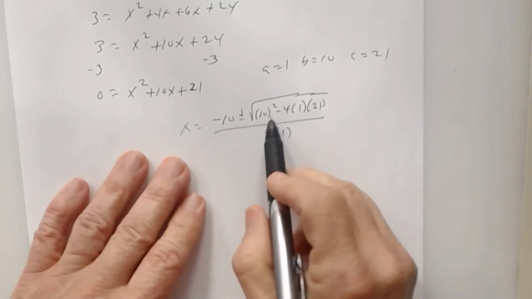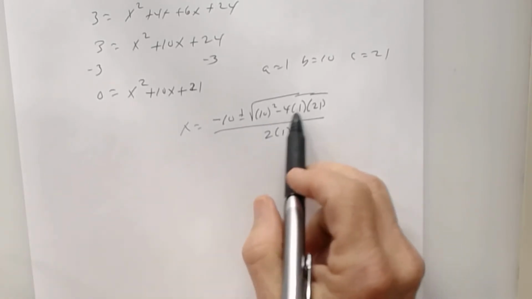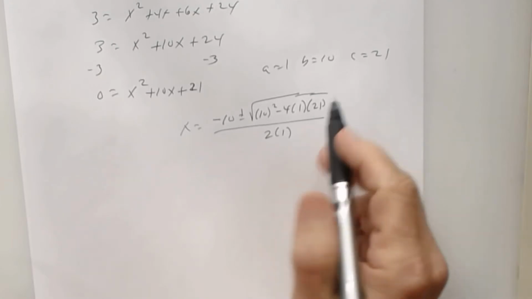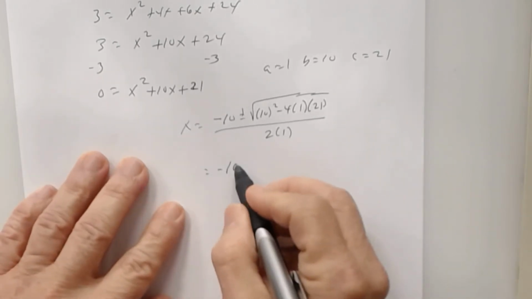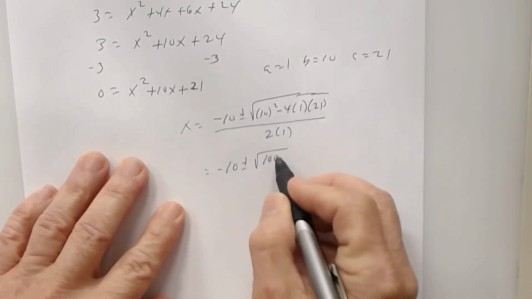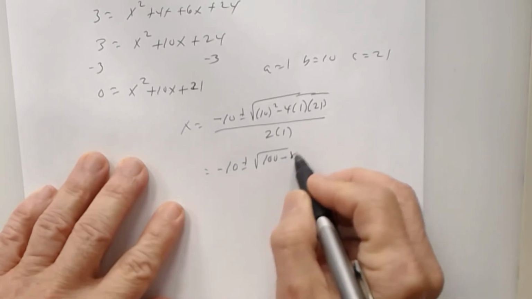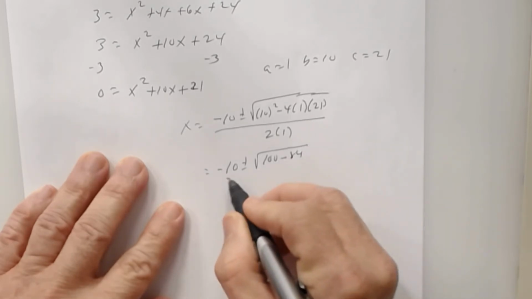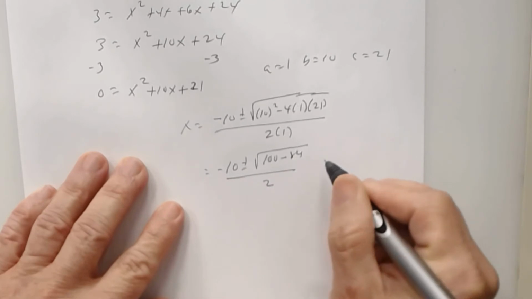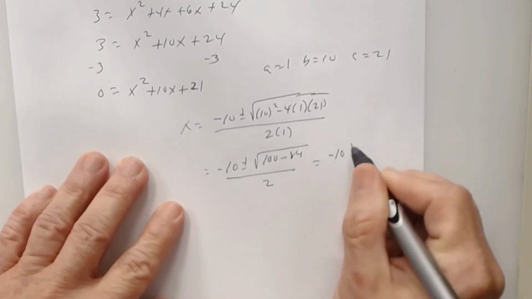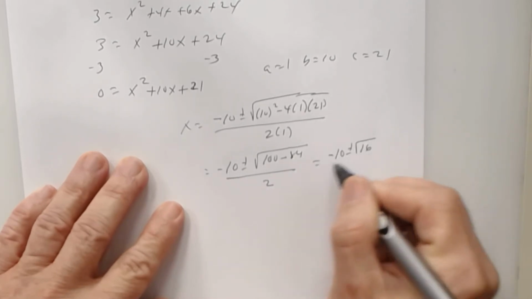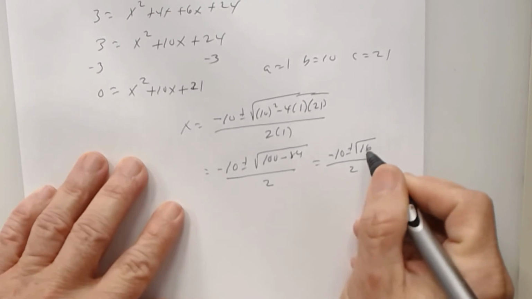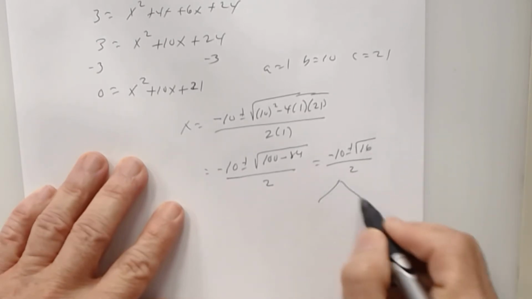What's 10 squared? All right. What's 4 times 1 times 21? 84. So 100 minus 84, is that right? All over 2. What's 100 minus 84? 16. 16 is a perfect square, so the square root of 16 is going to be what? 4.